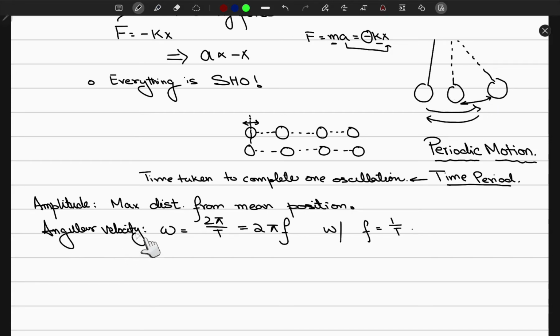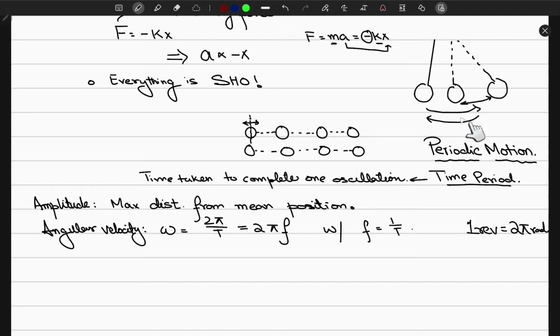So the angular velocity is defined as omega equals 2 pi by T, where this T is the time period and 2 pi is 1 revolution. So 1 revolution is equal to 2 pi in radians. So 1 over T is actually your frequency of the oscillation. So you can also write down the angular velocity in terms of the frequency as 2 pi times f, which is the frequency of the oscillation.